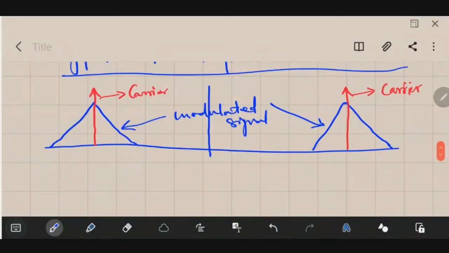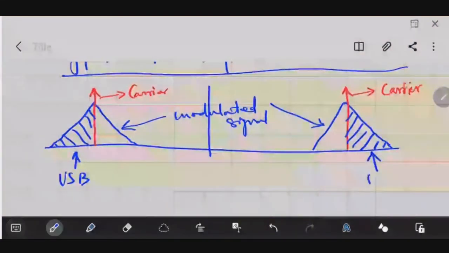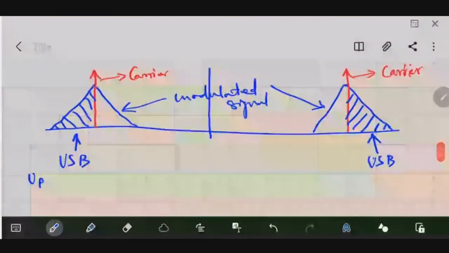Inside this triangle, this shaded portion that I am shading right now is called the upper sideband, USB. Try to understand that. Let me write it here: upper sideband.